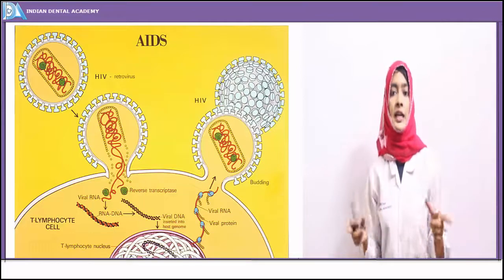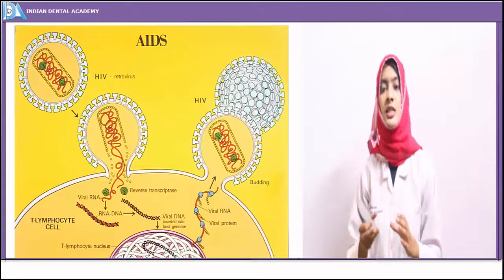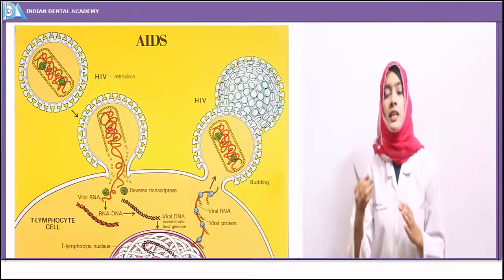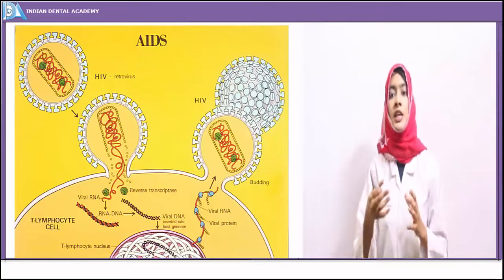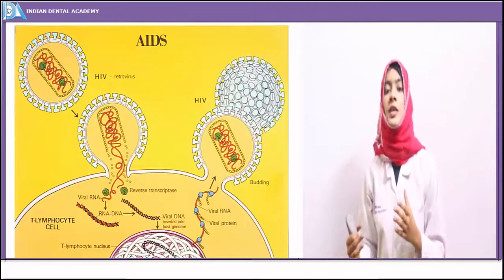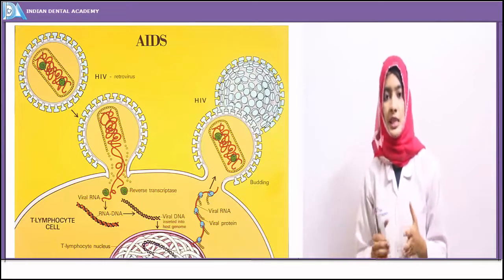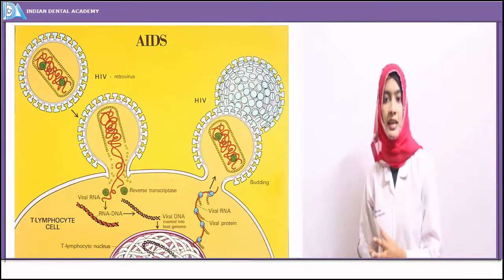Once the binding of the RNA virion to the cell surface occurs, then, as we know that HIV is an RNA virus, reverse transcription occurs and the viral RNA is reverse transcribed to viral DNA. This occurs because of the presence of the reverse transcriptase enzyme. So now the viral RNA is converted into viral DNA.